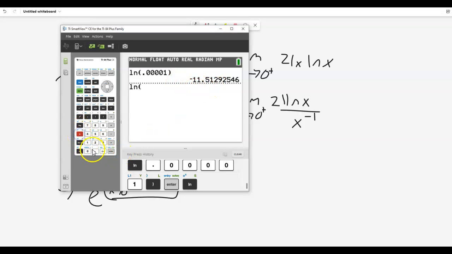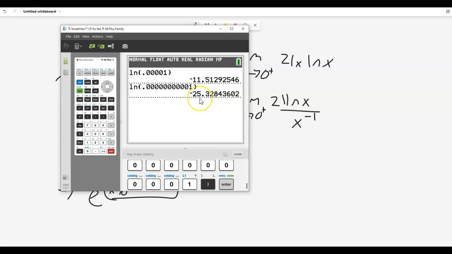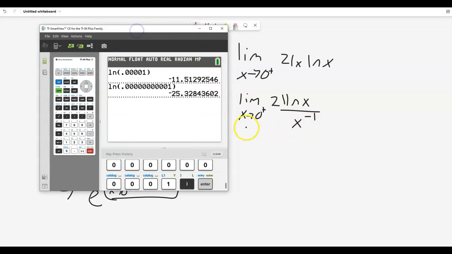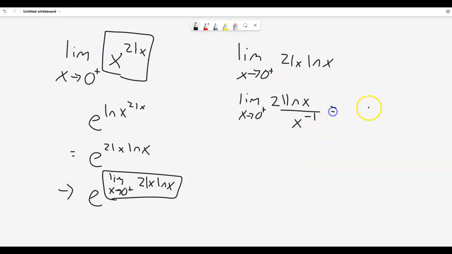So the top is approaching negative infinity. And on the bottom, x to the negative 1 is the same as 1 over x, and that's going to be approaching positive infinity as our x values get smaller and smaller. So this is negative infinity over positive infinity, and that fits L'Hopital's rule.